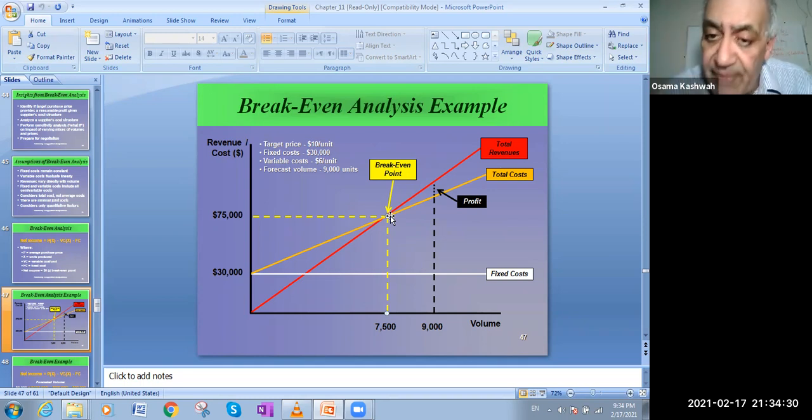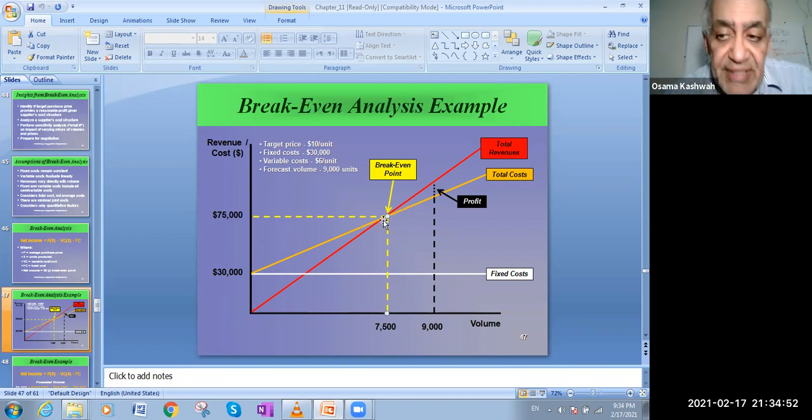In other words, if I increase the production or the supply beyond this point, then I will start to gain profits. Before this point, if I stop supplying or producing, there will be losses. So at this point, no gains, no losses.